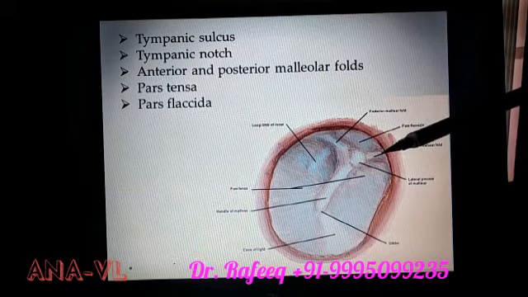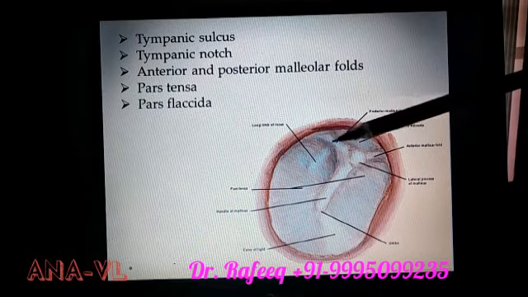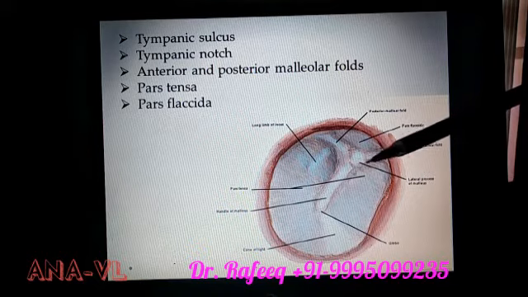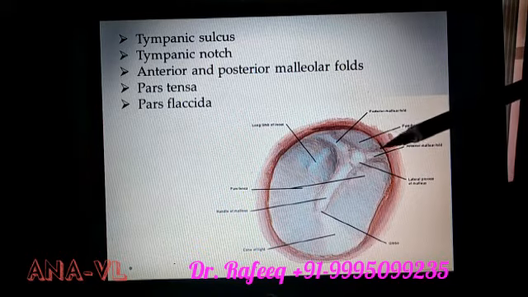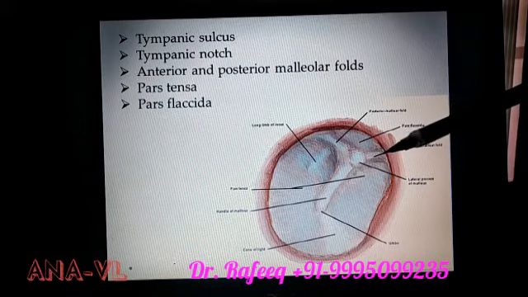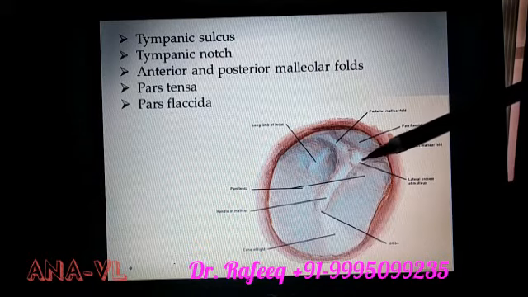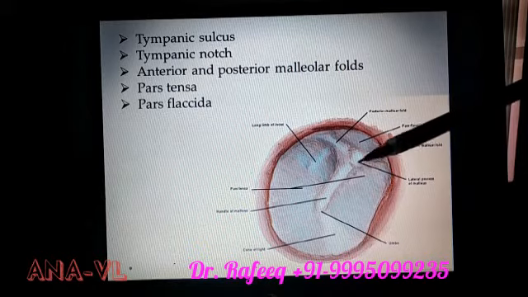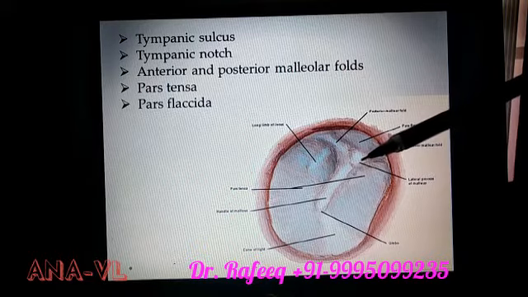From the anterior end and the posterior end, you can see fold-like appearances, one anterior and one posterior. These are called malleolar folds. So there are two malleolar folds: anterior malleolar fold and posterior malleolar fold. These are attached to the lateral process of the malleus.